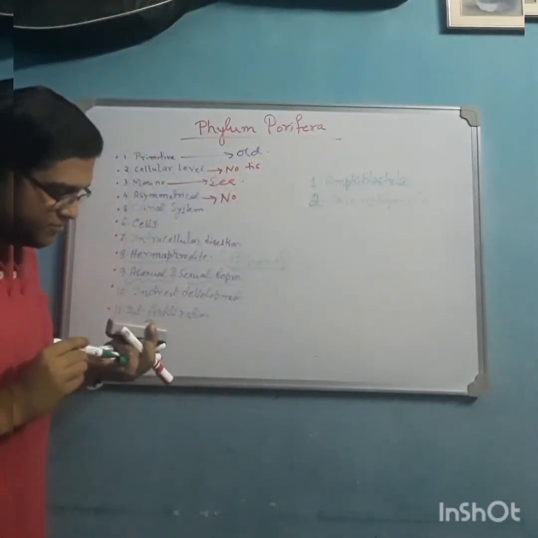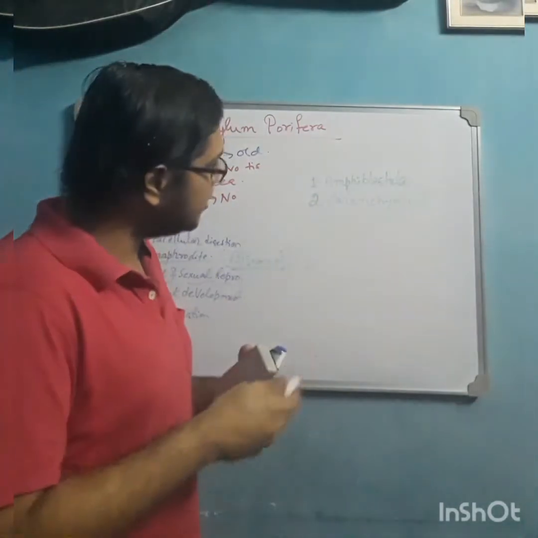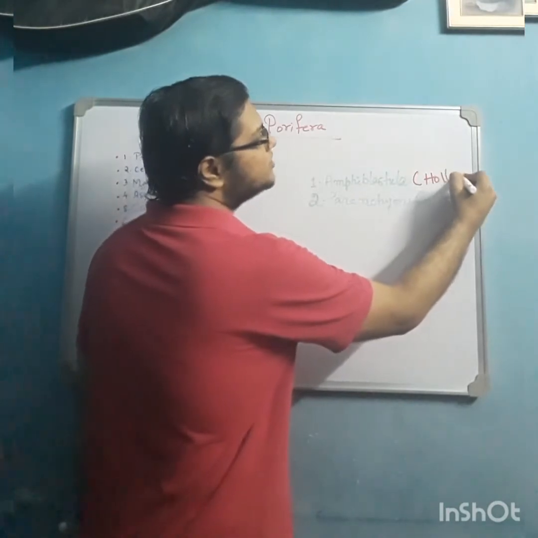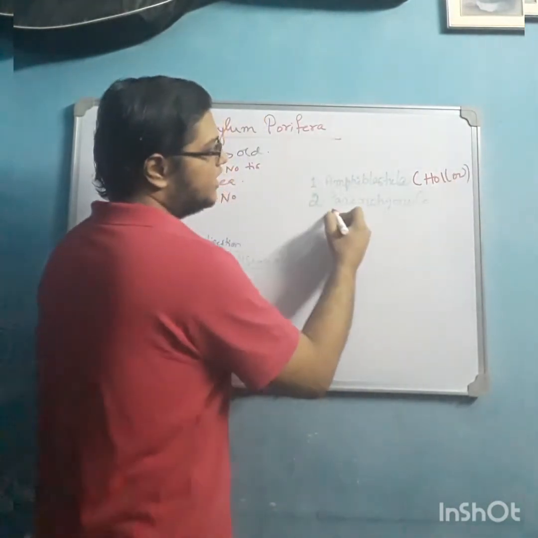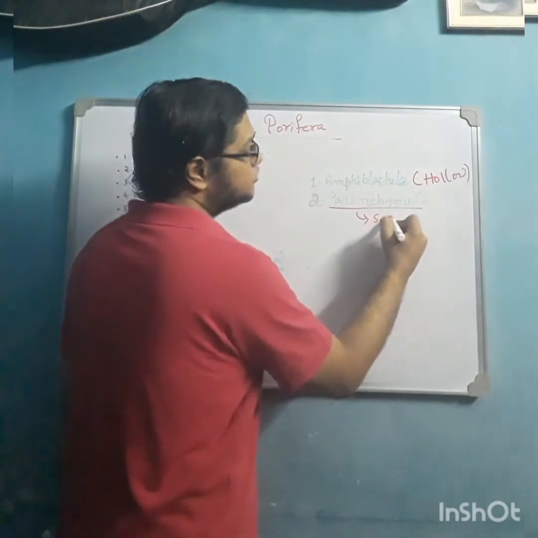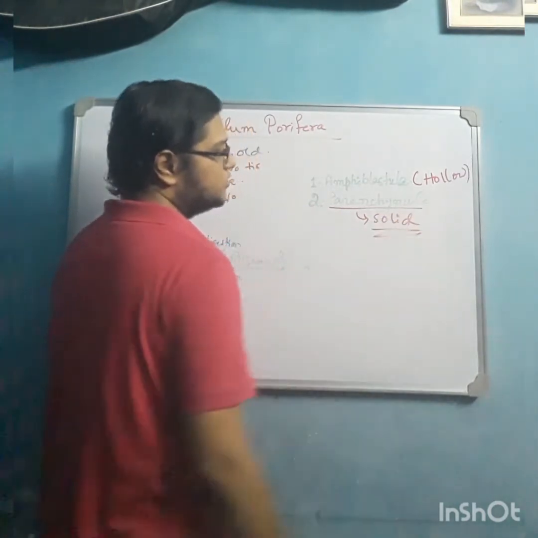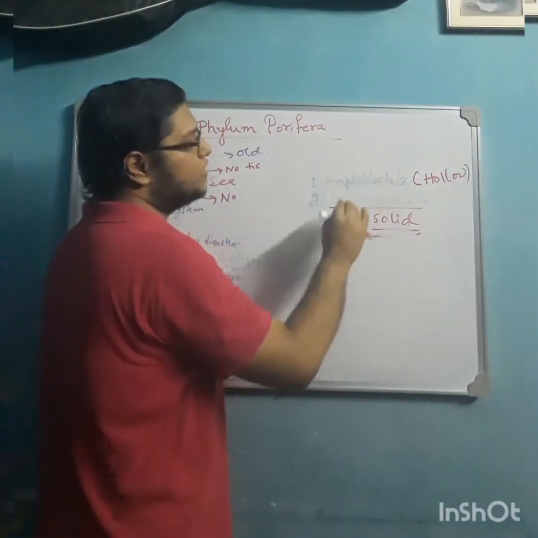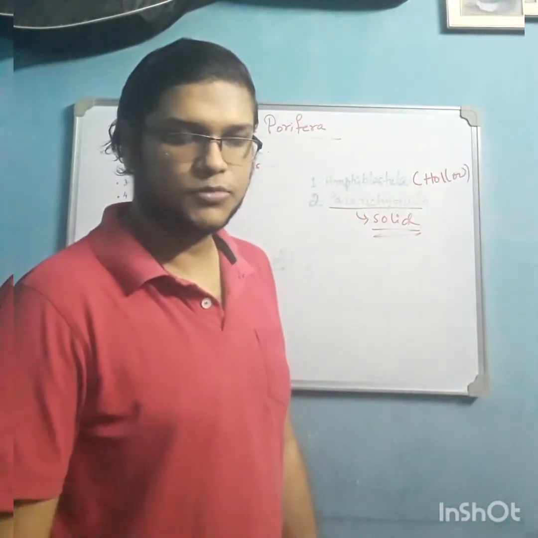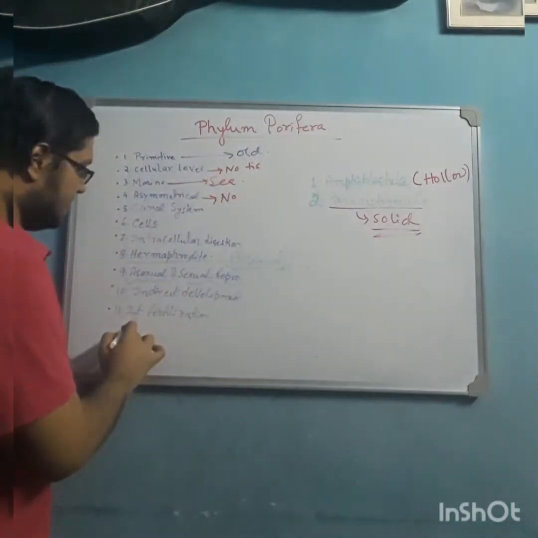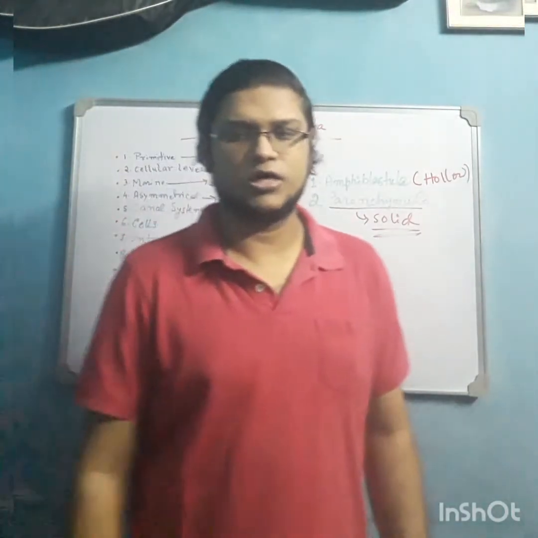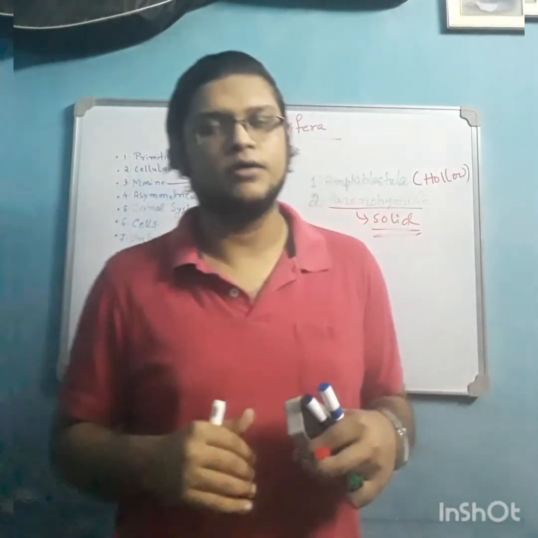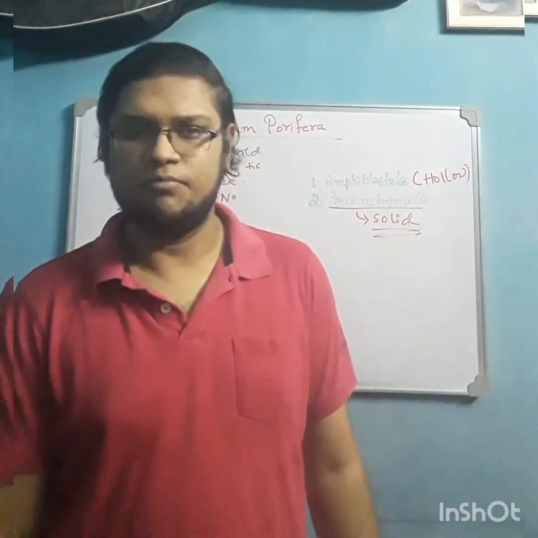What is the feature of Amphiblastula larva and the feature of Parenchymula larva? Amphiblastula larva has a hollow body structure, and Parenchymula larva has a solid body structure. These are two unique differences between Amphiblastula and Parenchymula larva. Next, internal fertilization. That means fertilization, the fusion of female gamete and male gamete, occurs inside the body of the animals of phylum Porifera.